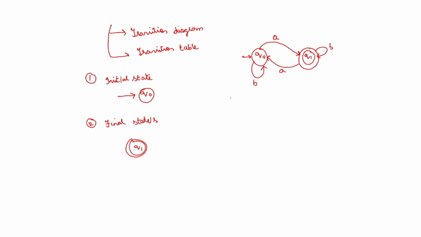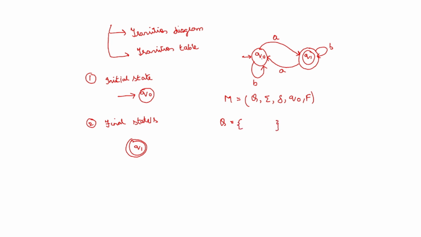As we have already discussed how to write a formal definition of finite automata, let us write a formal definition for this diagram. Any finite automata is defined using 5 tuples, being Q, sigma, delta, q naught, and F. Here Q is a set of all states.